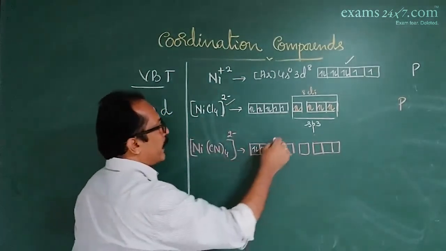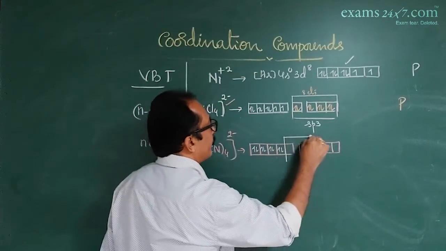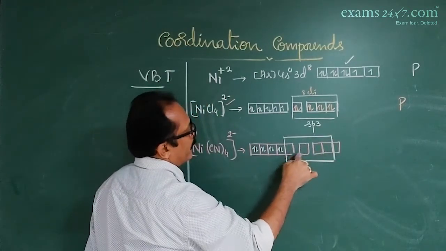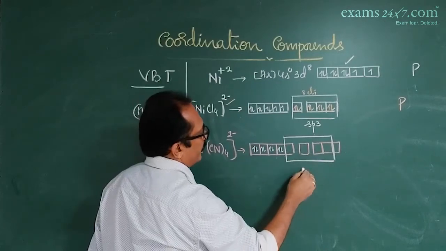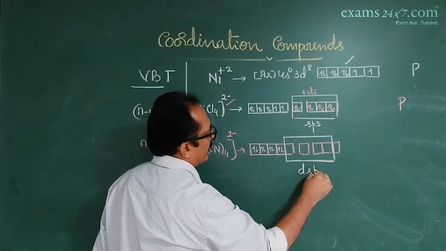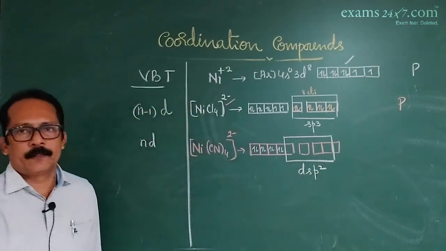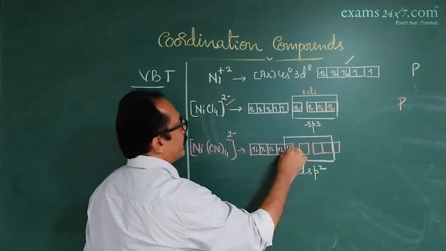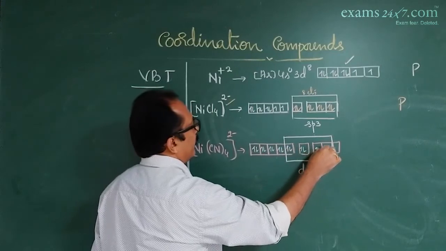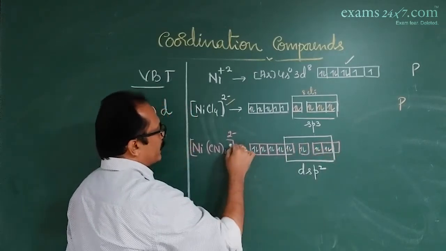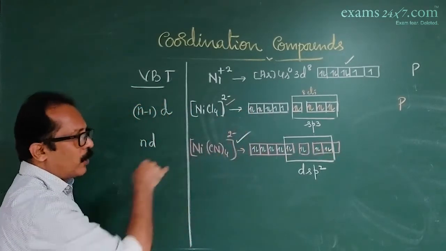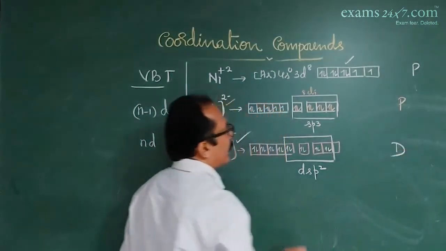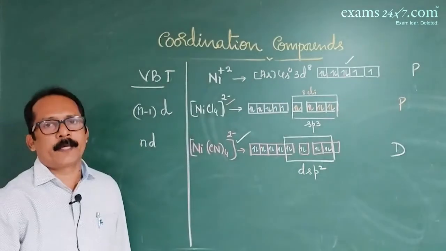There are 4 cyanide ligands, so it requires 4 hybrid orbitals: 1 d, 1 s, 2 p, so dsp2 hybridization. It is occupied by the electrons donated by the ligands. So in the electronic configuration of this complex ion, there is no unpaired electron. Therefore, it exhibits diamagnetic property.